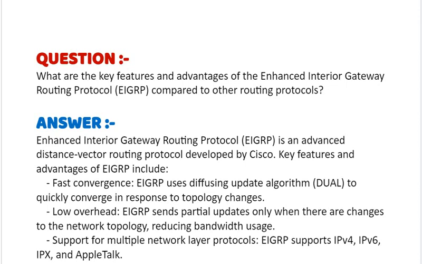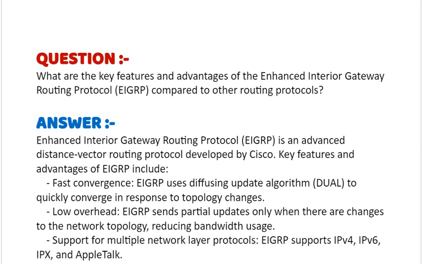Our next interview question is: what are the key features and advantages of the Enhanced Interior Gateway Routing Protocol (EIGRP) compared to other routing protocols? Your answer should be: Enhanced Interior Gateway Routing Protocol (EIGRP) is an advanced distance vector routing protocol developed by Cisco.